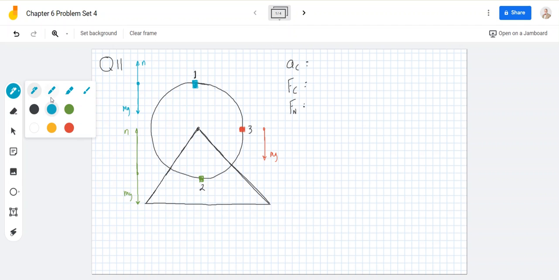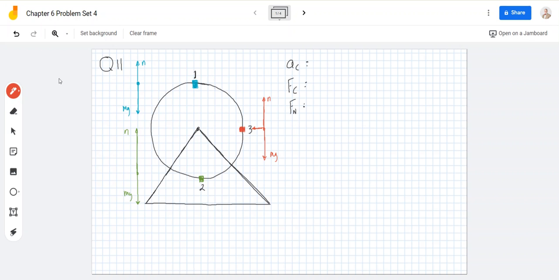And what about this guy here? Well, interestingly enough, for this guy, there has to be a force inward because there has to be a net unbalanced force toward the center. So here the normal force is equal to the weight. Here the normal force is less than the weight. Here the normal force is greater. That doesn't even answer the question.